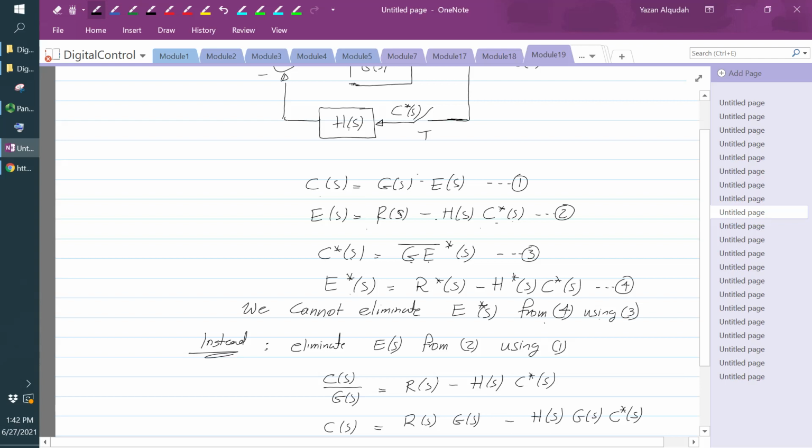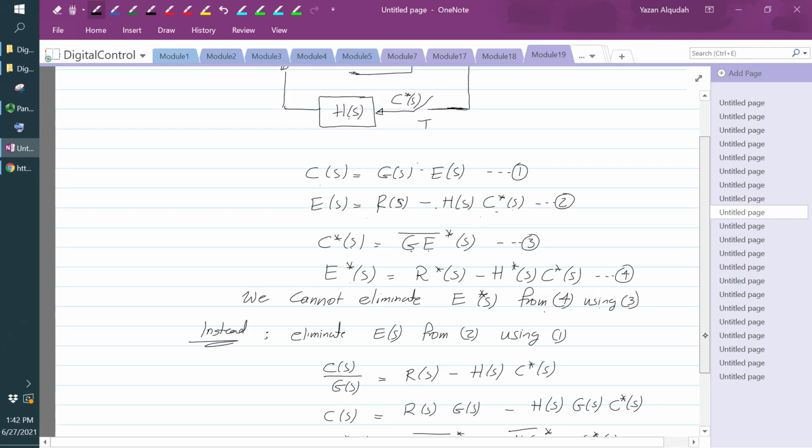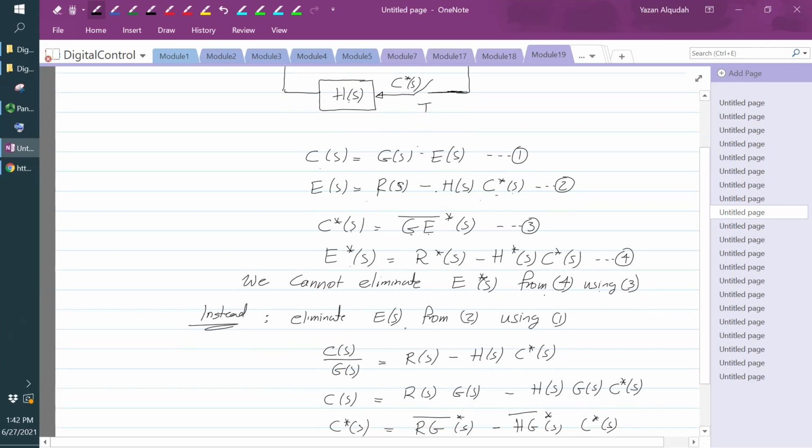Okay, so what we can do, let's try to eliminate E of S from 2 using 1. So what we're going to do is eliminate E of S from 2 using equation 1.